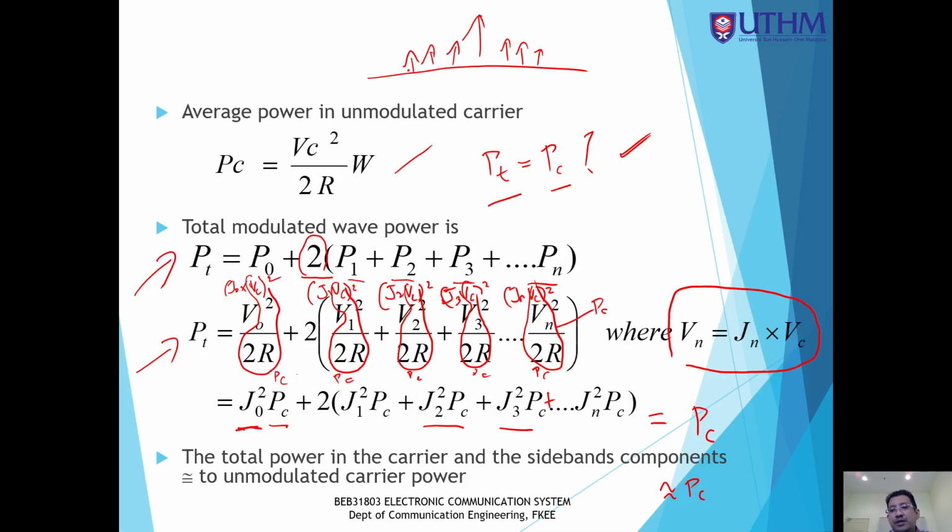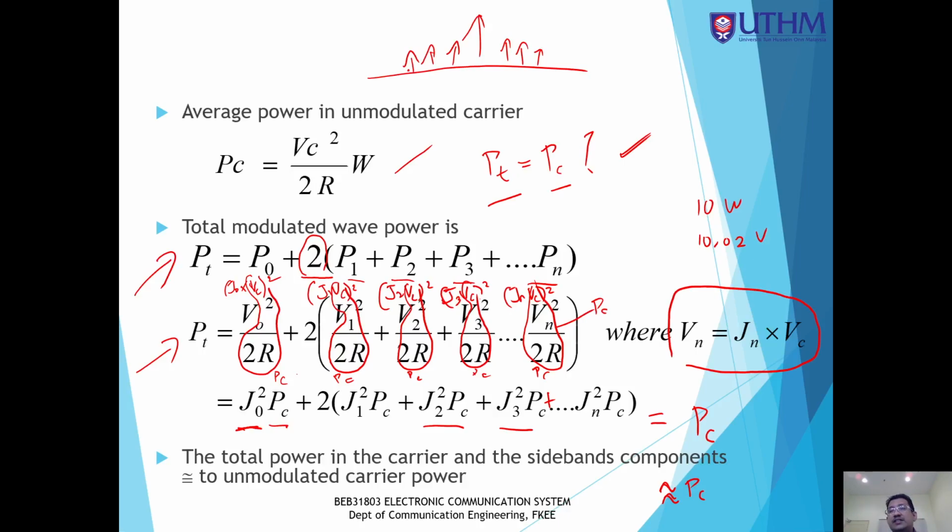Okay, for example, theoretically you get 10 watt. So when you use your Bessel table in your notes, you might get 10.02 watt, something like this. The difference is very small. So that's why if you use the Bessel table in your lecture, in your notes, you might get approximately equal to Pc.